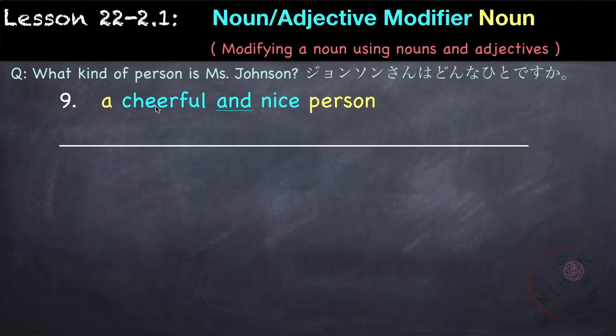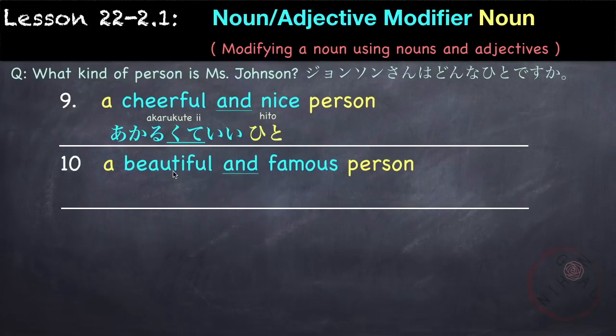So here we are using adjectives, which are cheerful and nice. 明るくていい人。Another example, a beautiful and famous person.